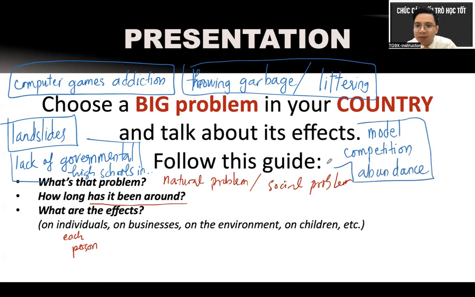What else? Chị Thủy. The traffic jam. Chị Thủy and anh Bảo. Okay. Chị Thủy first. Encroachment on the sea. Excuse me? Encroachment on the sea. Can you spell that word, please?